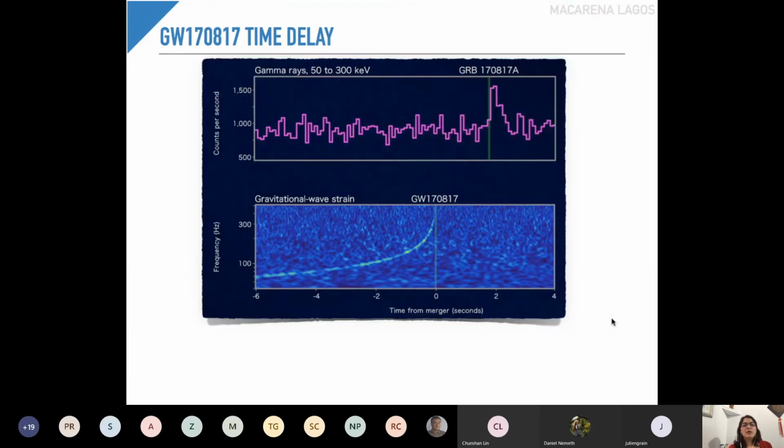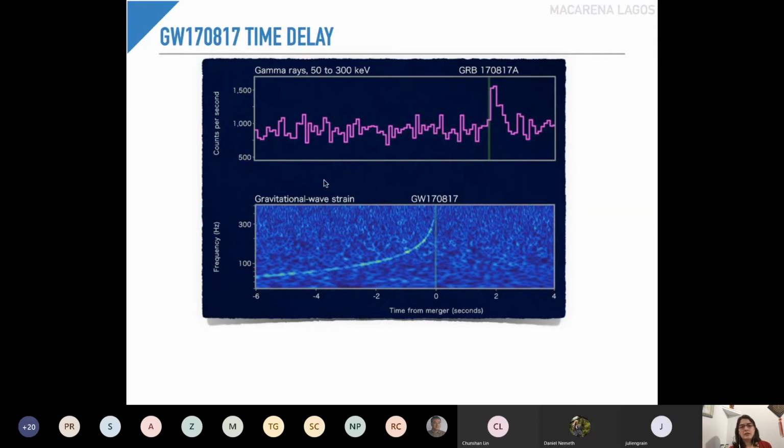So the most famous case is the only binary neutron star confirmed detected by LIGO, GW170817. In this case, there was an electromagnetic counterpart emitted at the moment of the merger and afterwards. In this figure, you see at the top the gamma ray burst that was emitted from this binary neutron star when they merged. Here you have the signal as a function of time.